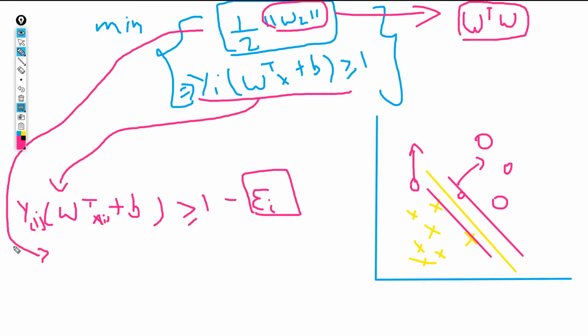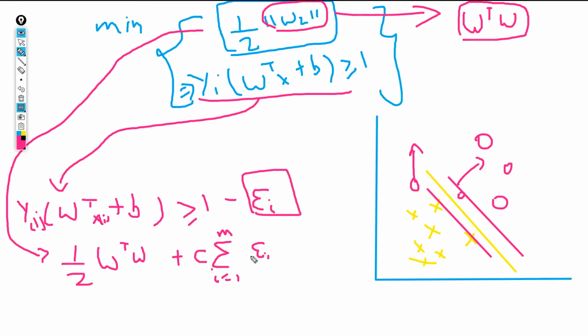Our formula will change to something like this: half w transpose w. We want to minimize this, but we can minimize it with some cost, and that cost is going to be affected by the error value. So for every error, i equal to 1 to m, we are going to add this.